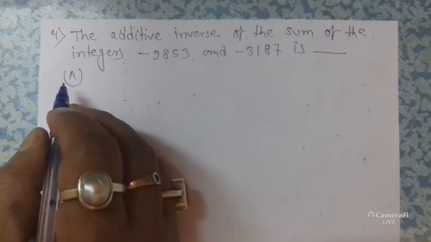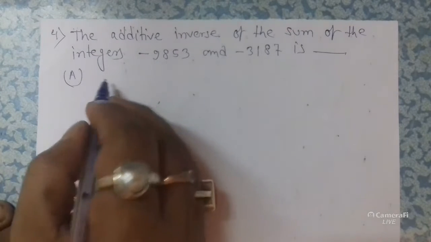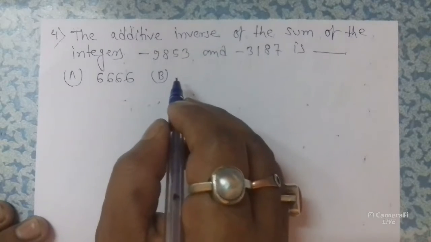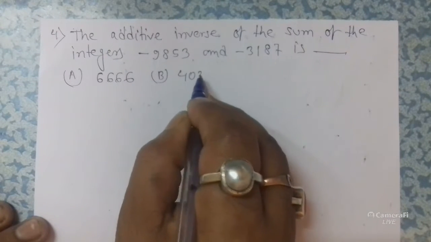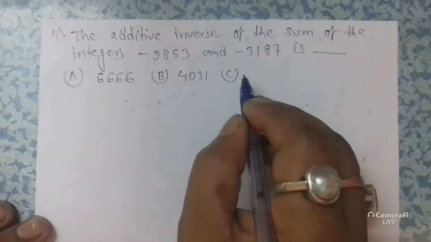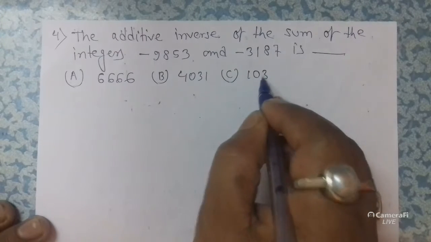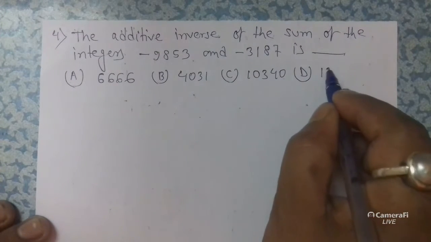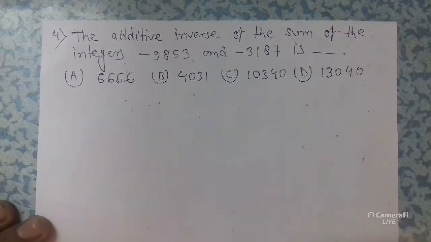The options are 6666, 4031, 10,340 and 13,040. So these are the options.